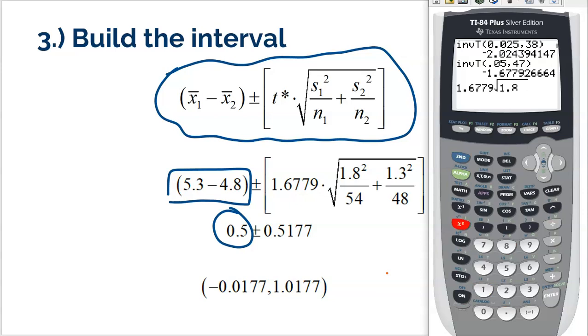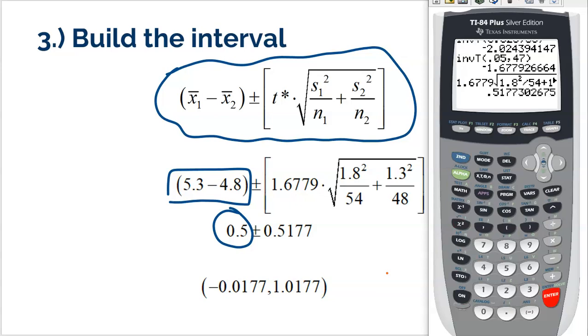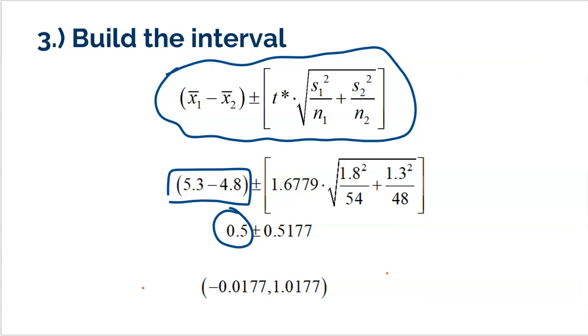You could just do 1.8 squared divided by 54 plus 1.3 squared divided by 48. And the calculator is pretty good to do all that math. And you get 0.5177 as the margin of error. So now I'm just going to take my 0.5, subtract 0.5177, add 0.5177, and I get my interval.